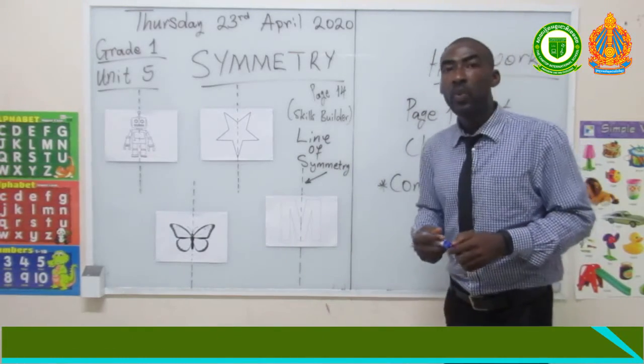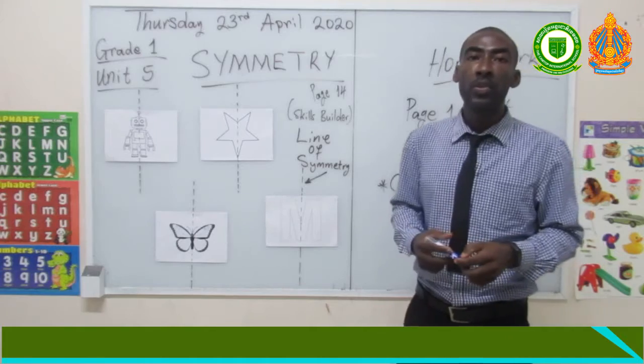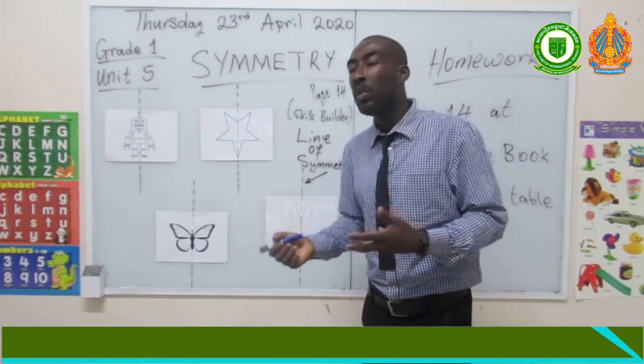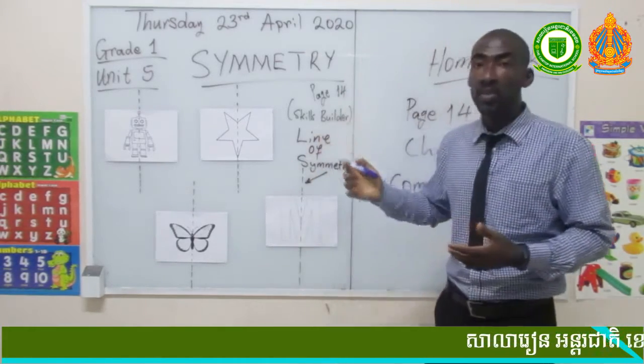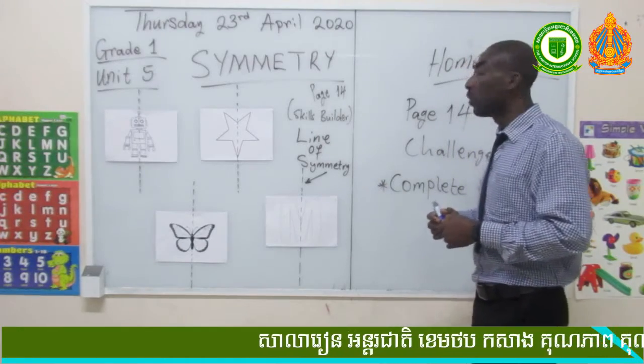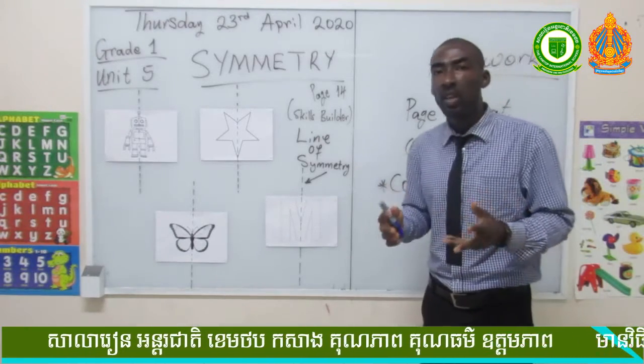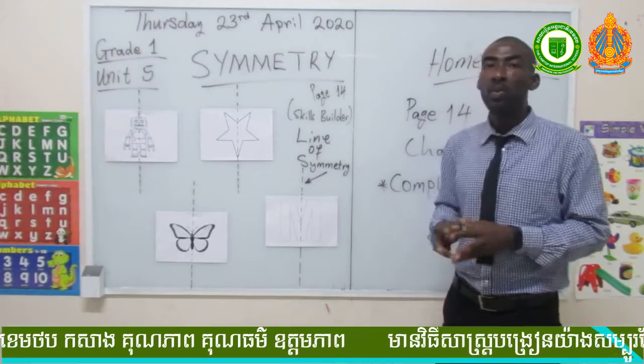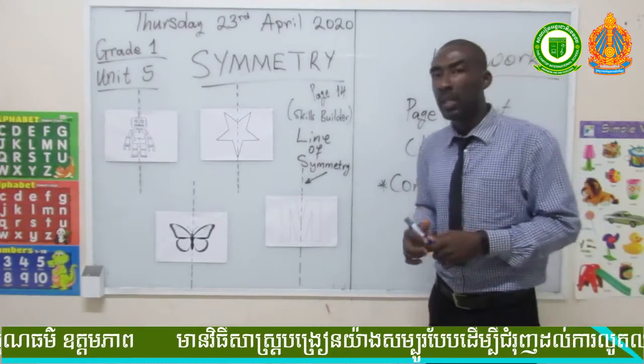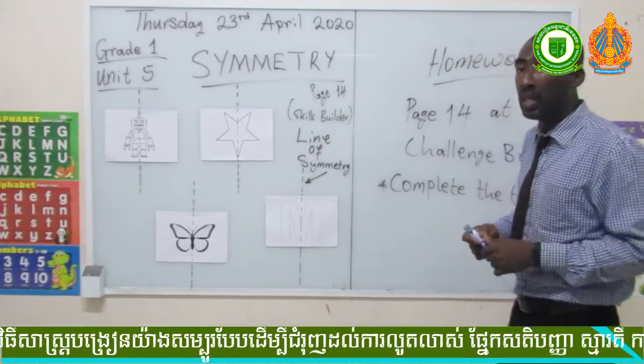One other way that you can also identify images by symmetry is showing the reflection of those images from one side to the other. So we're going to do that in our homework.